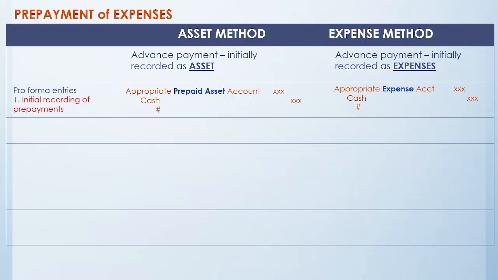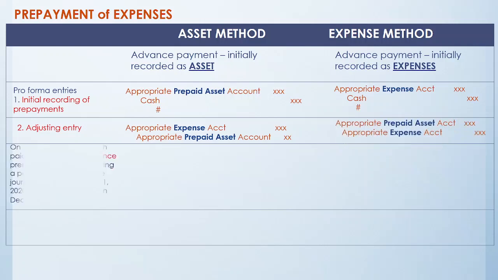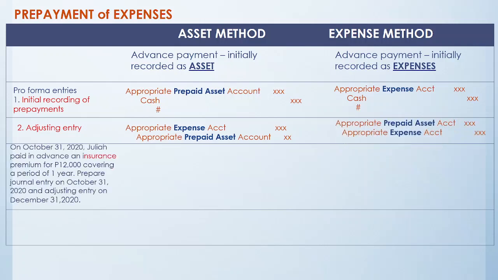To illustrate that one, let us have this transaction. On October 31, 2020, Julia paid in advance an insurance premium for $12,000 covering a period of 1 year. We are required to prepare the journal entry on October 31, 2020 and the adjusting entry on December 31, 2020.